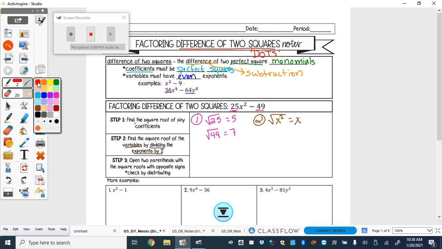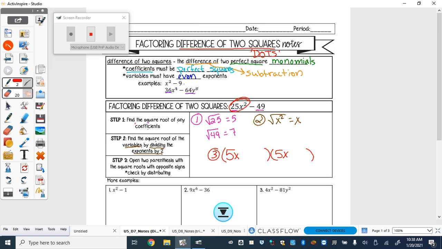So then step 3, the way we write our final answers is there's going to be 2 sets of parentheses with the square roots with opposite signs. So what I mean by that is my first term here, 25x squared, the square root of 25 was 5, square root of x squared was x. So I'm going to write the square roots right there.